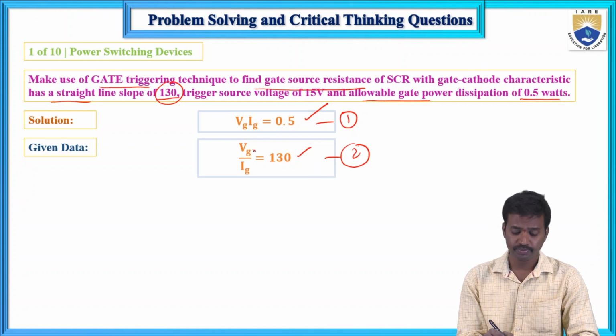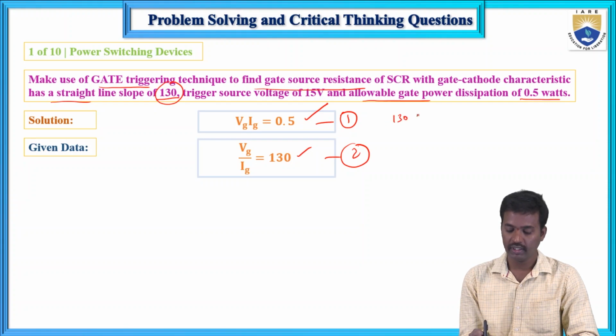Substituting Vg equals 130 into Ig in Vg into Ig, we get 130 Ig squared equals 0.5.